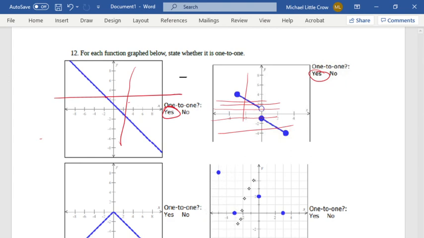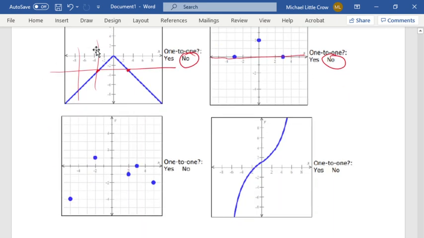This one, vertical line test, certainly, but not the horizontal line test. See right here, two points. This is not 1-to-1. Over here, is this 1-to-1? Vertical line test, yes. Horizontal line test, no. It failed right there. It's not 1-to-1. See, vertical line test, yes.